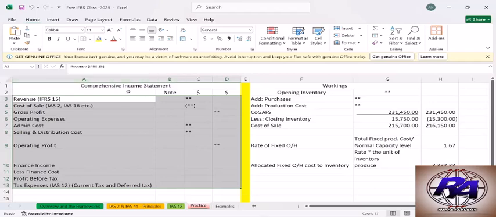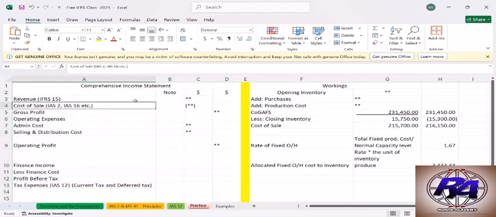Starting from the income statement, that's why we are picking the standards one by one, and you can see that most of the items in the income statement are governed by a particular standard. So by the time we are done with all these standards, we should be able to prepare a full comprehensive income statement, statement of changes in equity, statement of financial position, as well as the cash flow statement.